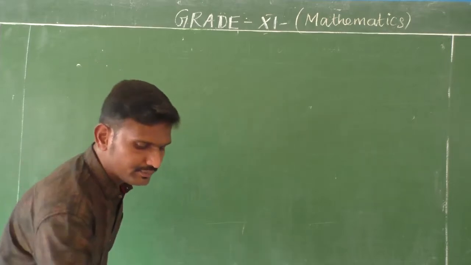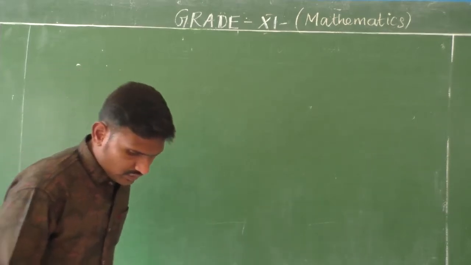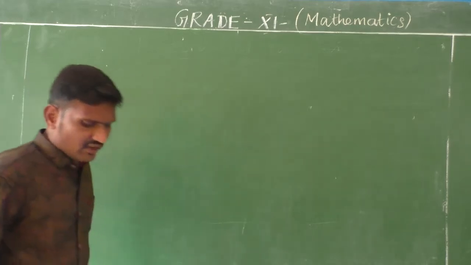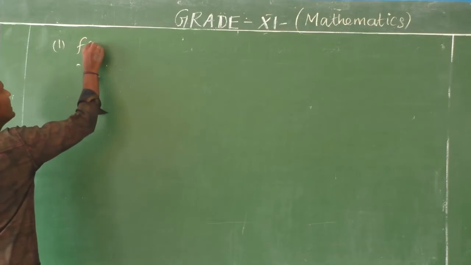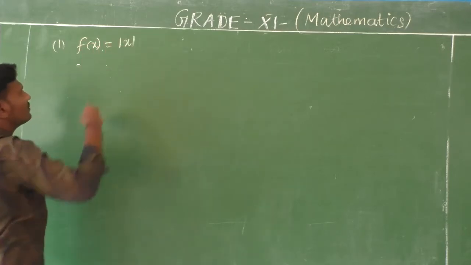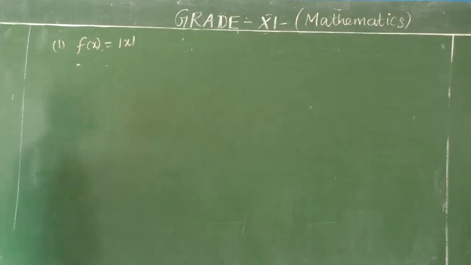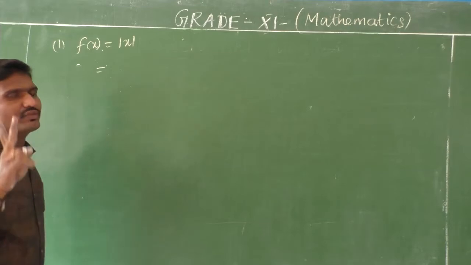Okay, fine. Now question number 2 is very simple. The first question: find the domain and range. The first one is given by f of x equal to modulus of x. So modulus of x means what you are going to do? By the modulus function, f of x will have two cases.